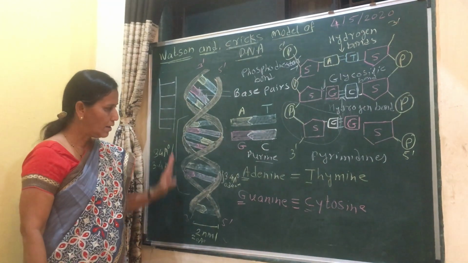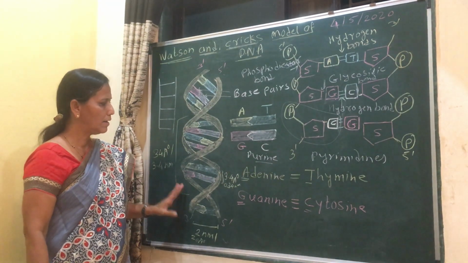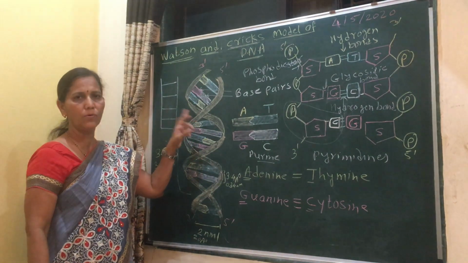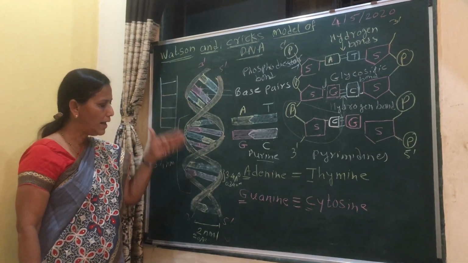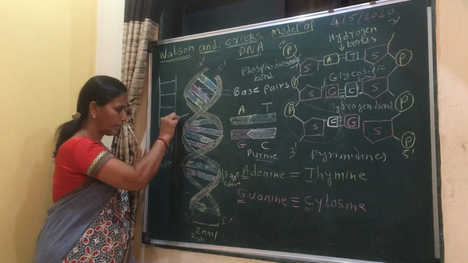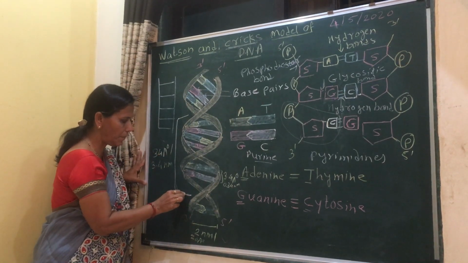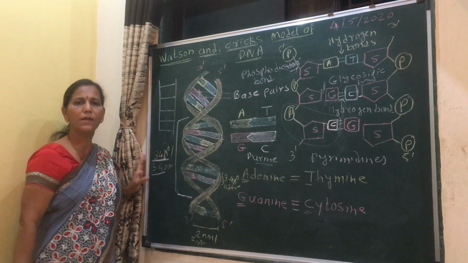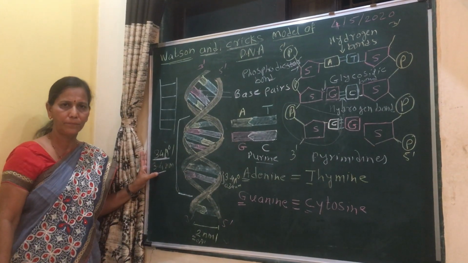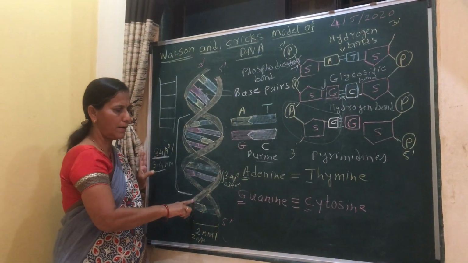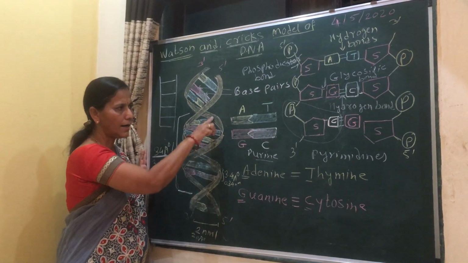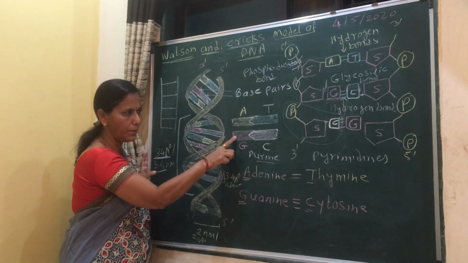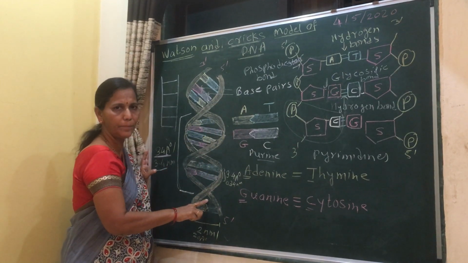Here, due to coiling, formation of major groove and minor groove occurs. Length of each spiral is 34 angstrom units or 3.4 nanometers. In each spiral, there are 10 nitrogen base pairs. How many such nitrogen base pairs are there here? 10.